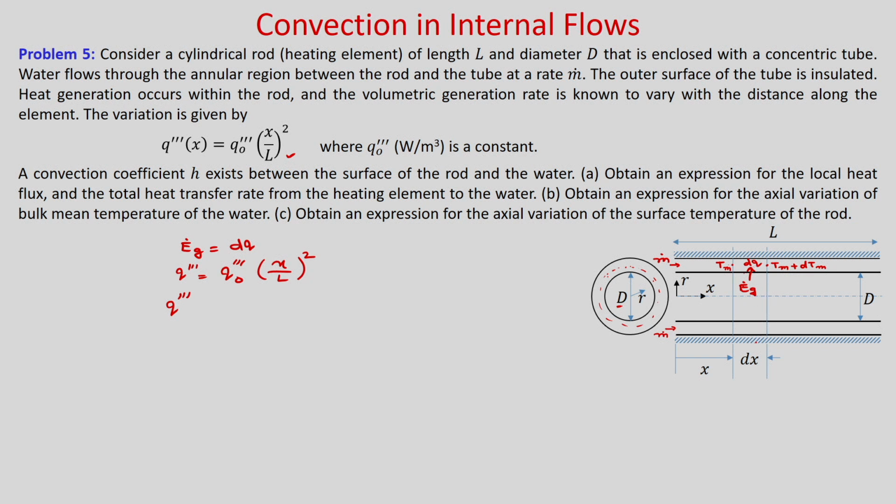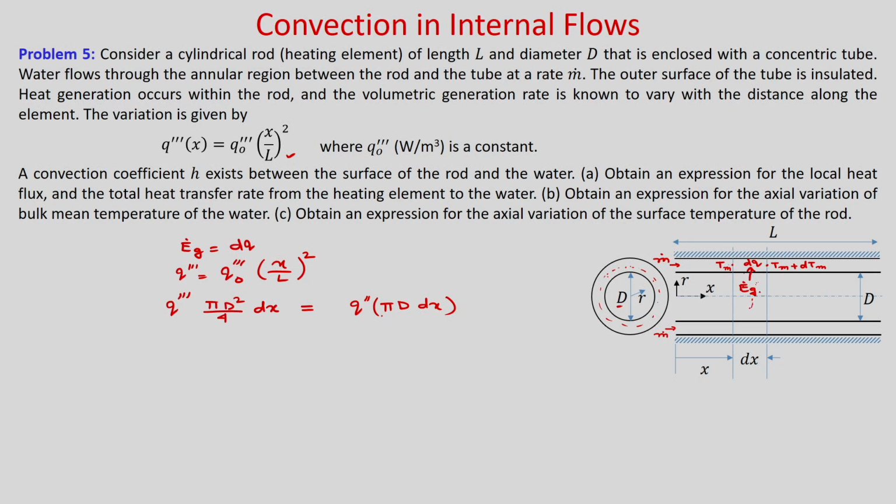If this is the length dx, you can take the average cross sectional area as pi d square by 4 into dx, is equal to dq, which is q double prime, the heat flux, into pi d into dx. You can see the heat transfer surface is pi d into dx, through which the heat is going, and the heat is generated in the volume.